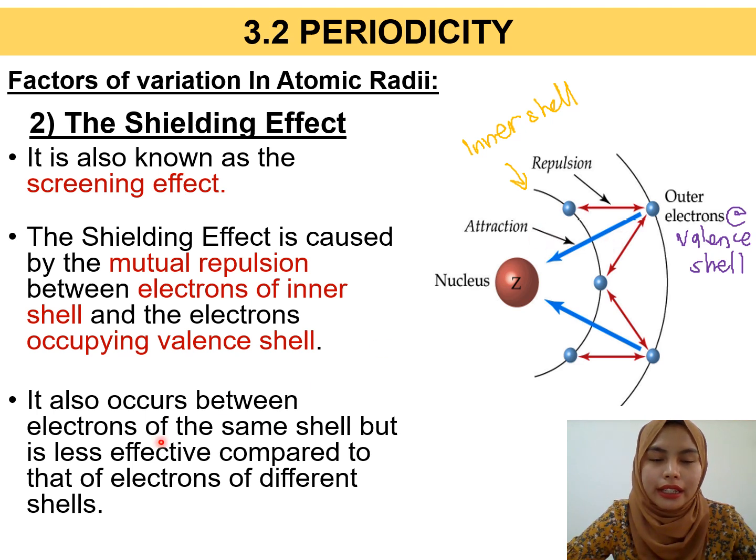Actually the shielding effect can also occur between the electrons yang ada di shell yang sama, tapi taklah sekuat the repulsion between electrons di inner shell dengan electrons di outer shell. Kiranya it is less effective.